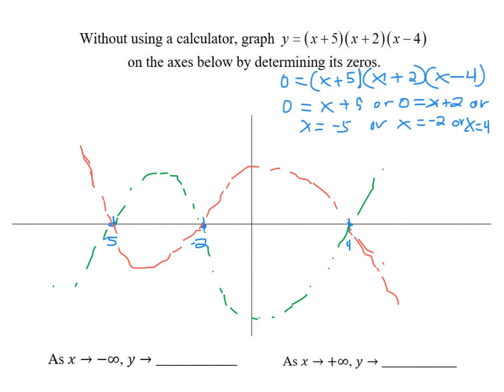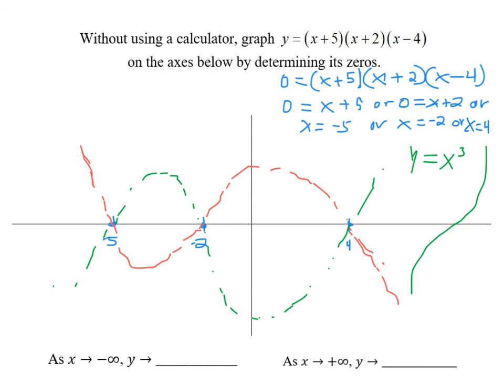We know that this polynomial is basically going to look like y equals x cubed, and that tells us whether we end up going up at the end, or whether we end up going down at the end. We just have to think about the power function y equals x cubed. And since we know y equals x cubed does this kind of thing, then that means it must be the green one. We want to end up going up as x is heading towards infinity.